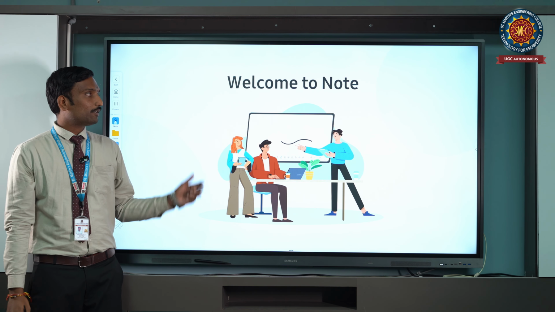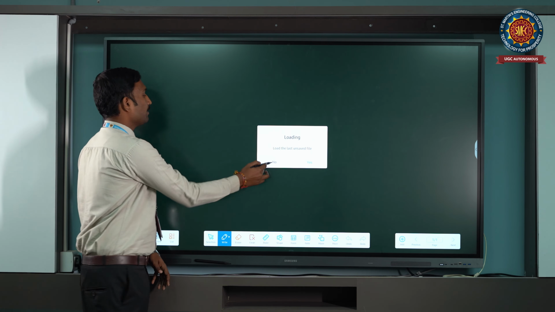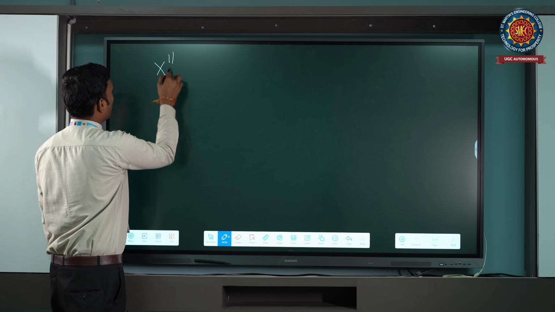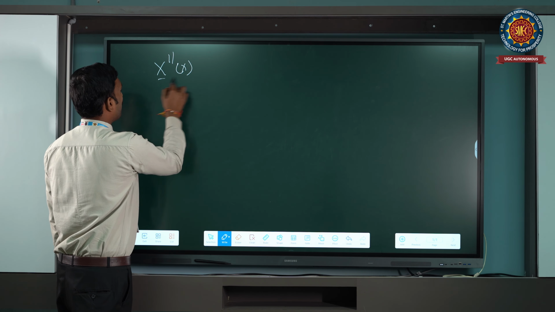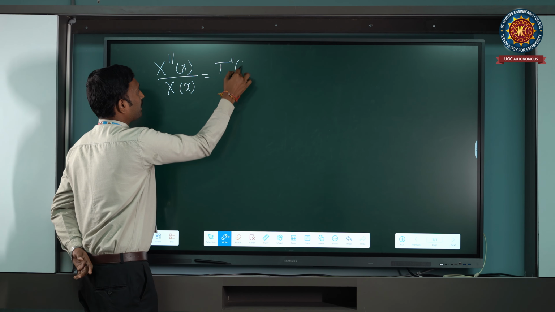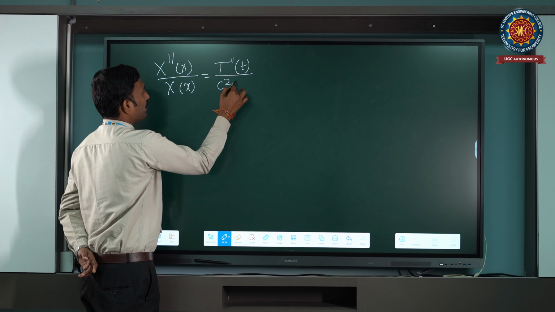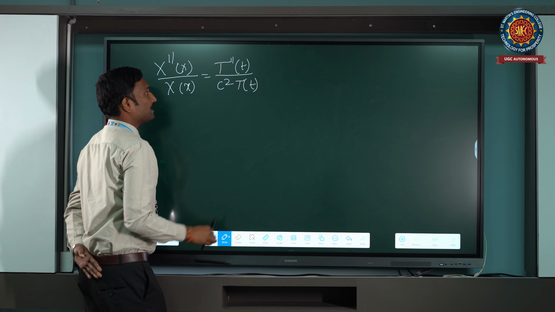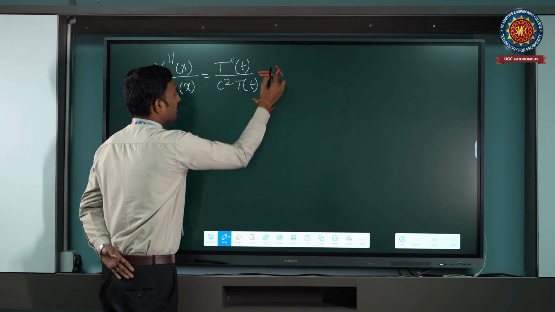Here the equation can be taken in the form X double dash of x by X of x is equal to T double dash of t by c square into T of t, which is equated to lambda.